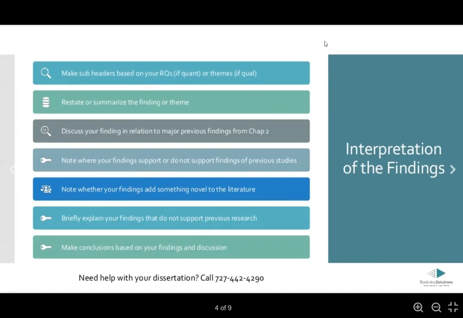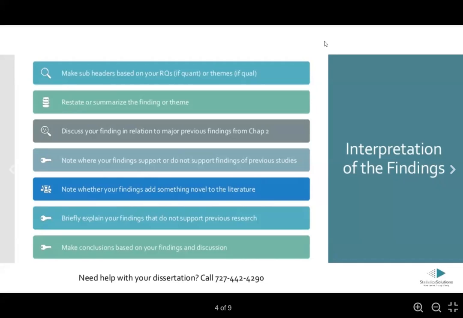If your findings are not noted in previous studies, you found something completely new that past literature hasn't discussed, that is exciting, and you should definitely note it in this interpretation as well. And then you'll want to briefly describe any examples where your findings don't support previous literature. And then based on all of those factors, you'll provide your conclusion of what those findings mean, and discuss what those findings mean.